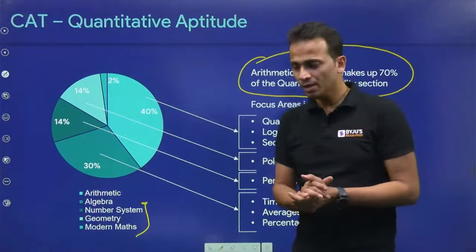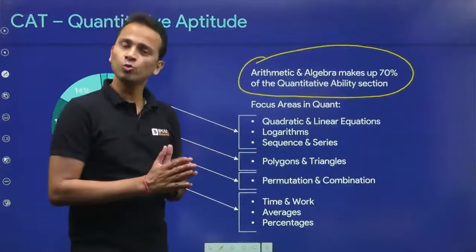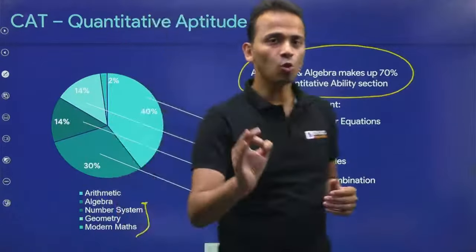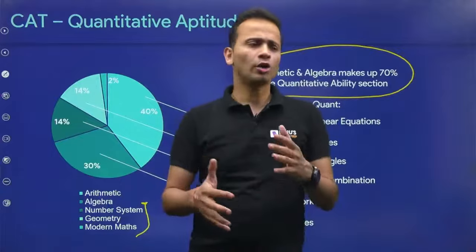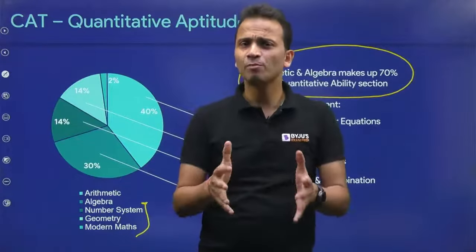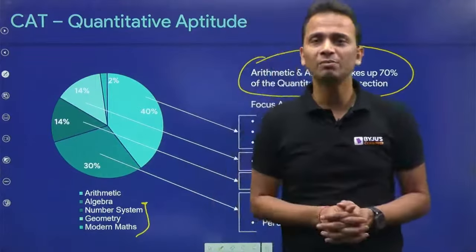Now, taking reference of last year, there were 22 questions in the QA section. At what score, or for how many effective questions attempted correctly, will a student get 90 percentile?